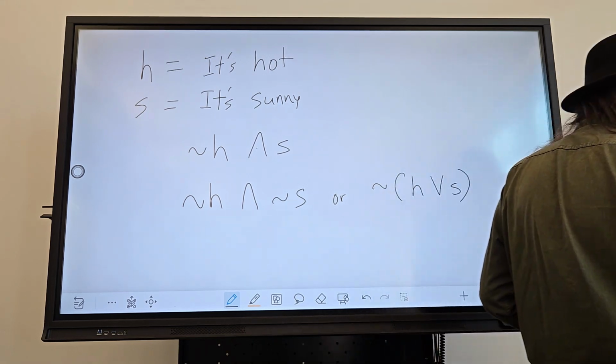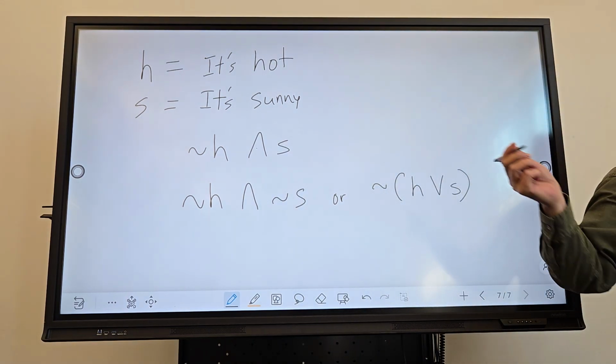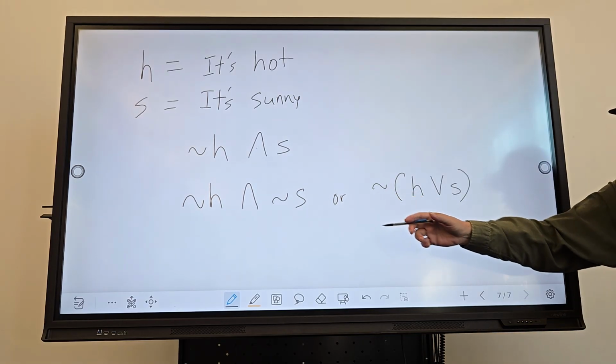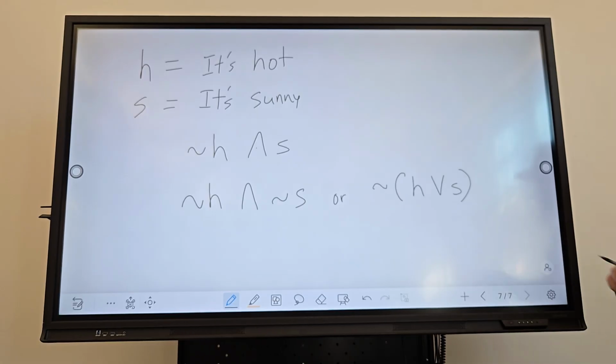Anybody who's taken digital logic, recognize what I did with that one? From digital logic, what rule allows you to go from this to this?